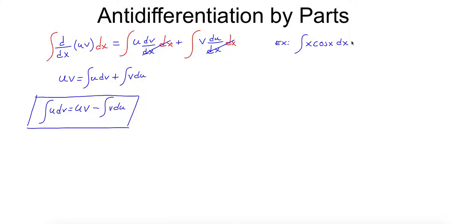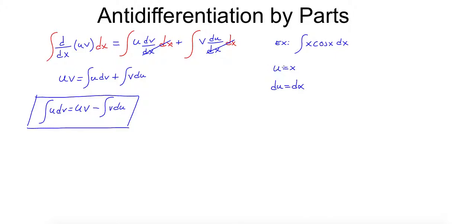Now, when picking something for u, I always want u to be something that's very easily differentiated. In other words, u wants to have a very simple derivative. So if I make u equal to x, I know that the derivative of u is very, very simple. du is simply going to equal 1 dx. Okay?